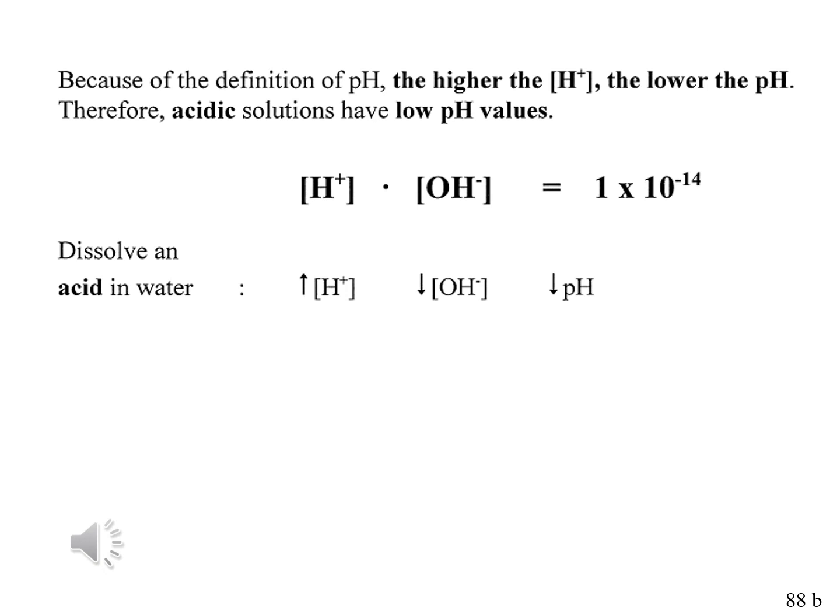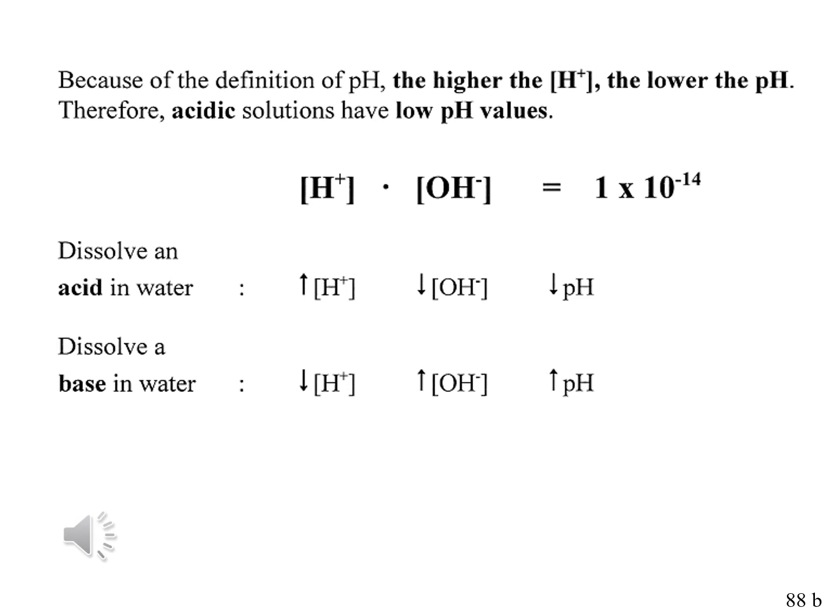If you dissolve a base in water, which of the two ions is going to go up? If you dissolve a base in water, the OH is going to go up, which means the H plus has to go down. And that also means that the pH goes up.